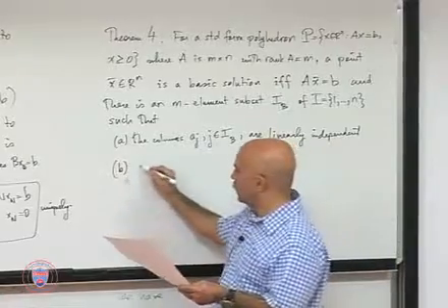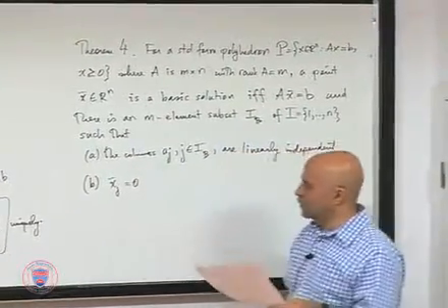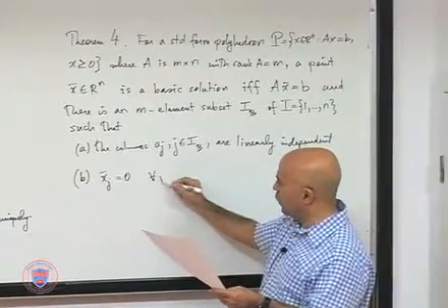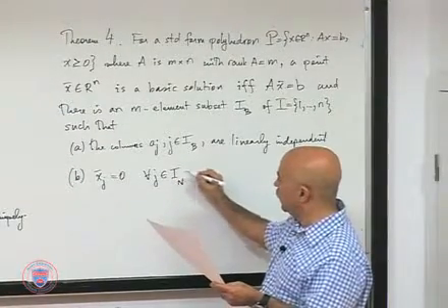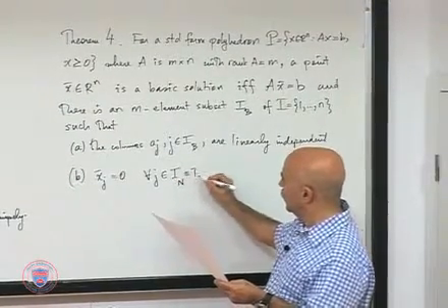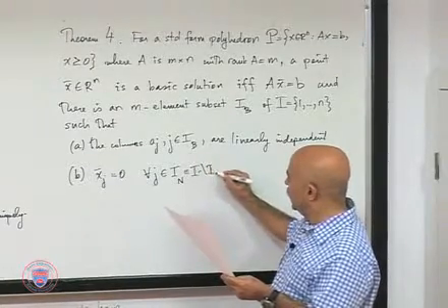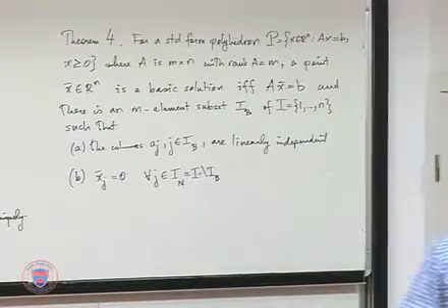And part B, the components of X bar are equal to 0 for those J in I sub N, which is by definition the complement of I sub B in the index set of the variables. Okay?